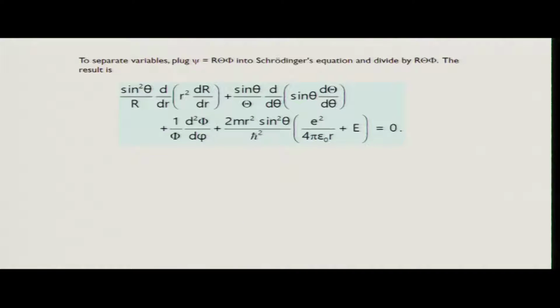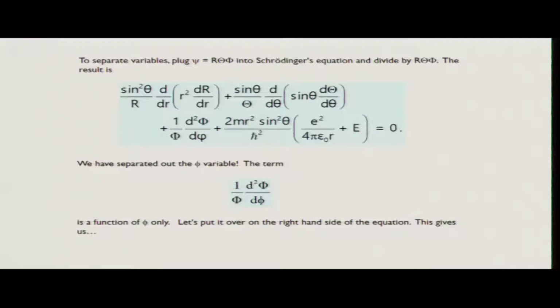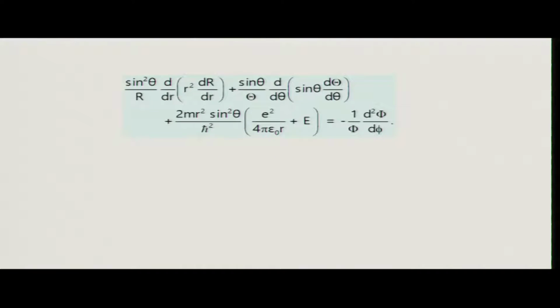To separate the variables, we plug the wave function into the Schrodinger equation and divide through by it, assuming it is non-zero, and the result is shown here. Once we do this, it immediately separates the phi variable, and the term 1 over Phi d squared Phi d phi squared is a function of phi only. So, let us put this over to the right side of the equation, and this gives us this form, where we have already separated out the phi part.